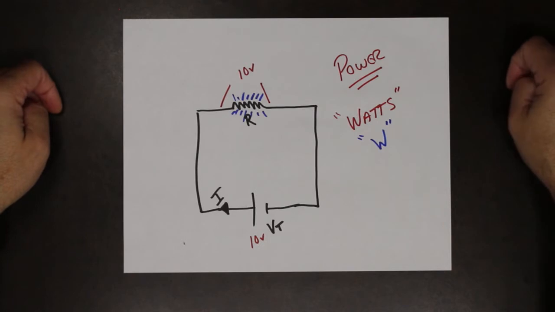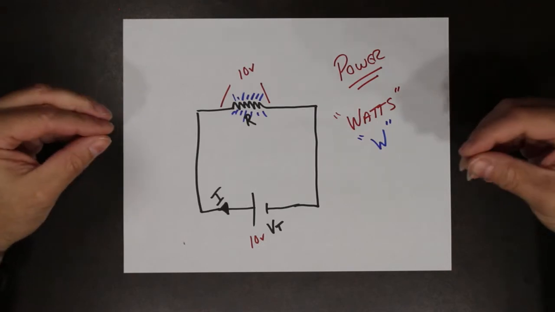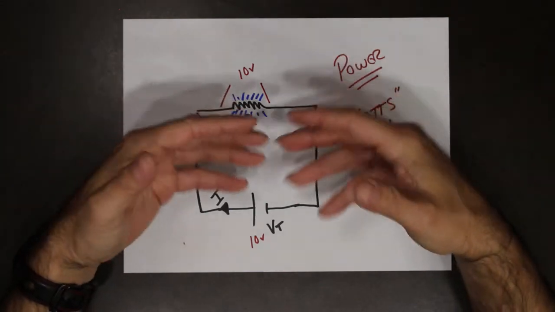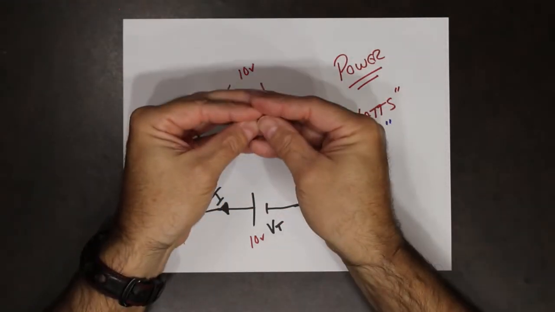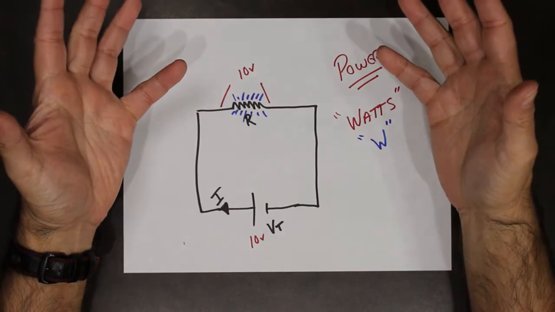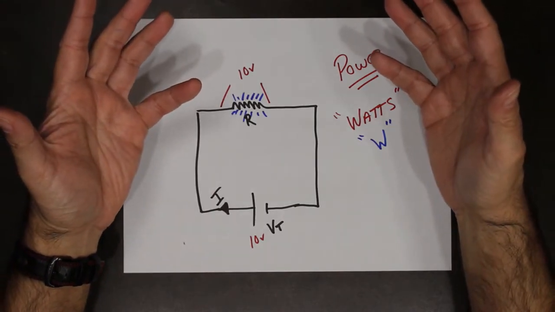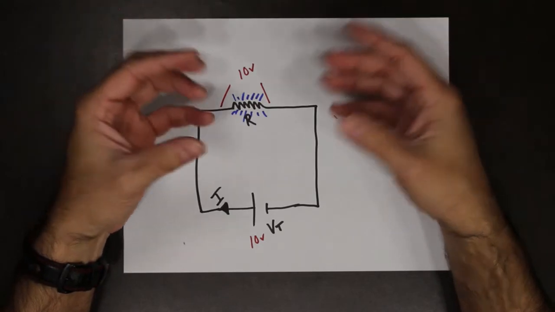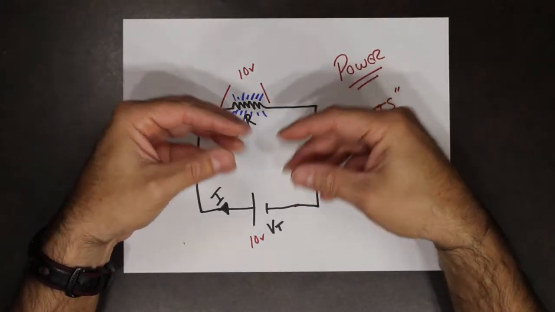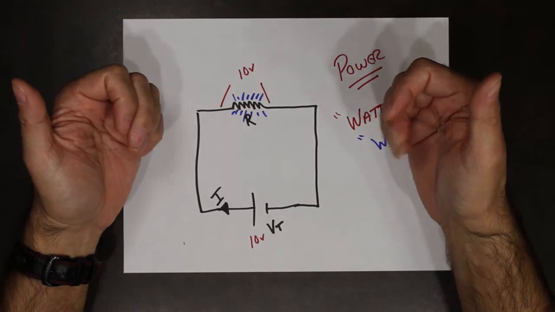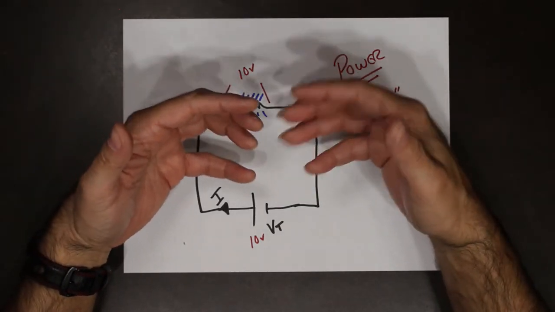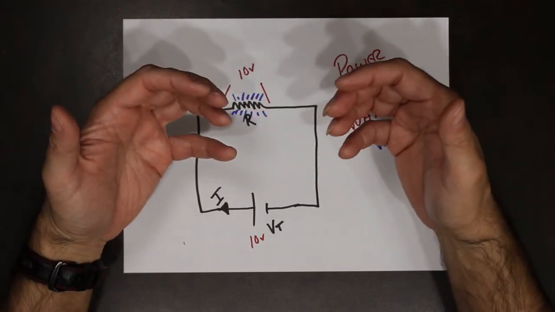Well, what happens is the resistors heat up. If you do not have a way of getting the heat off of the resistors, they will actually burn up. So they will become overheated and they will burn. So we need to somehow get rid of the heat.